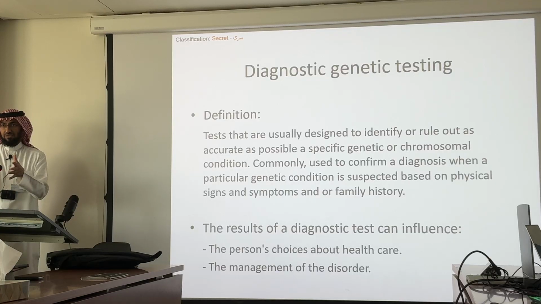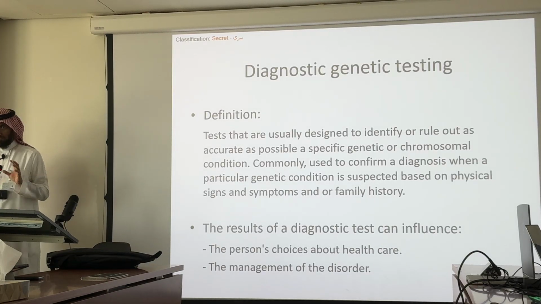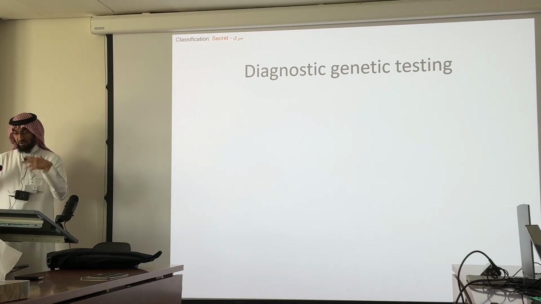You suspect a genetic disease, you test based on this suspicion. You may use biochemical, molecular, or cytogenetic tests based on that. The result of a diagnostic test can influence the person's choice about health care and the management of the disorder, as well as family planning.